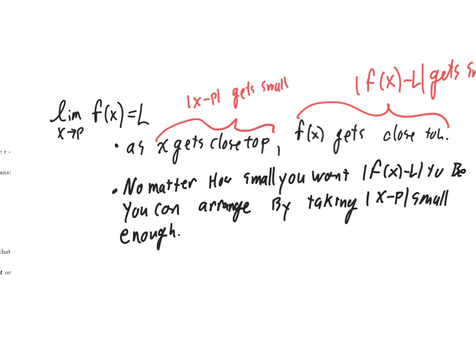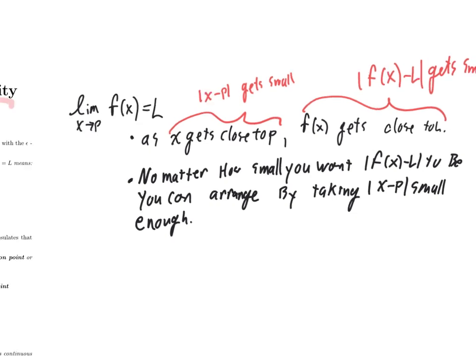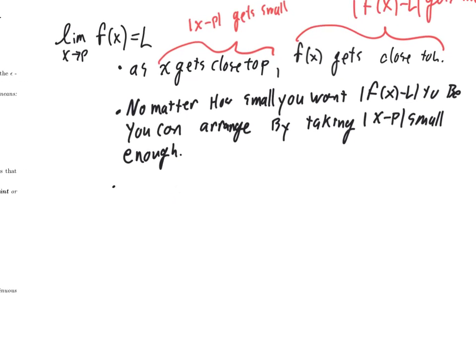And now you definitely know what I'm going to go for. No matter how small you want it to be, that means that there's a universally quantified thing. For every epsilon bigger than 0, you can get absolute value of f of x minus L to be less than that epsilon, as long as absolute value of x minus p is small enough.